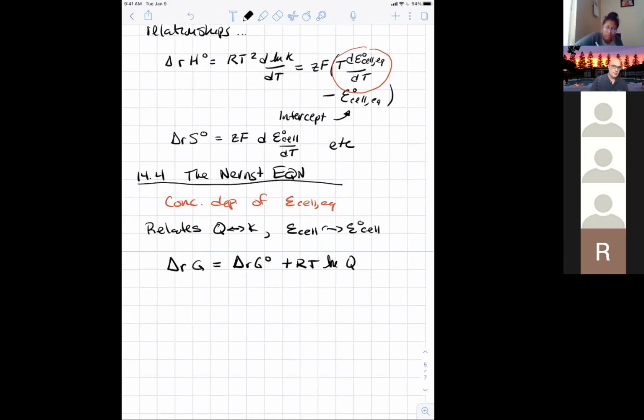This is from our previous chapters in thermodynamics, right? If we turn this into the cells, we can say this.